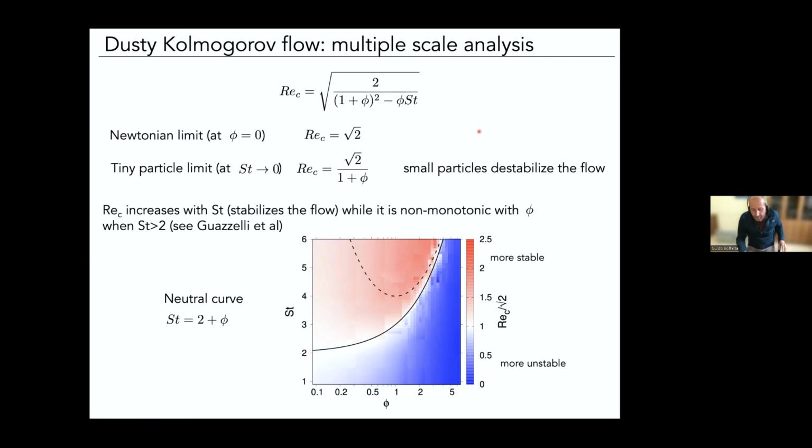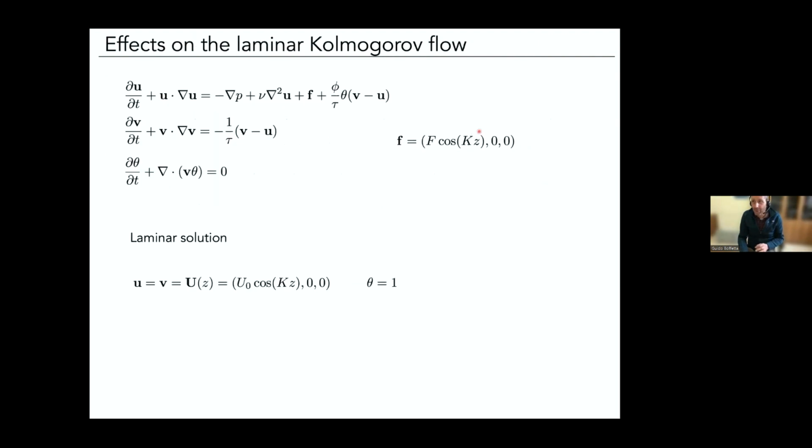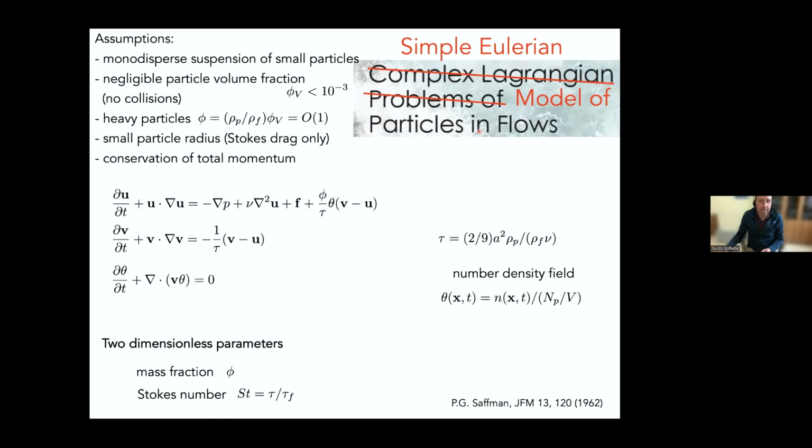Sorry, the notation is probably not fully consistent. In the model, phi is the mass fraction. Just in the derivation, I discussed the fact that there is a volume fraction, but this is the mass fraction. It is the ratio of the density times the volume fraction. Okay, I missed that. I thought it was the volume fraction. No, sorry. It's the mass fraction because it's the momentum that is injected into the flow. So there is, okay, here there is a density missing, as usual, but one over.